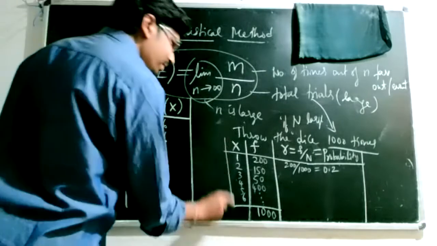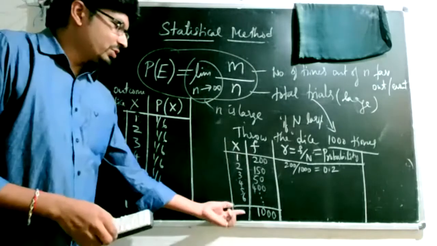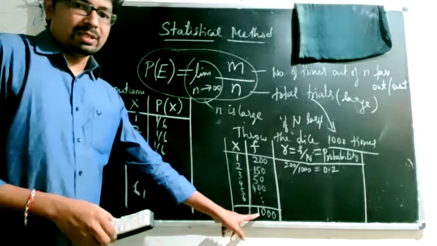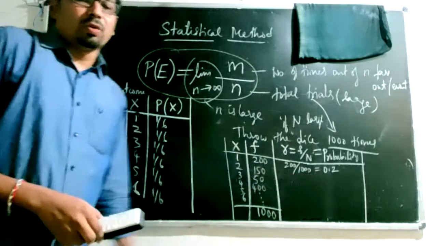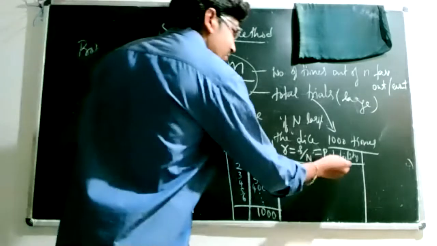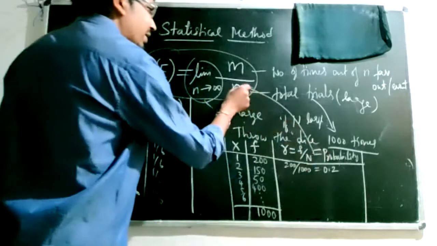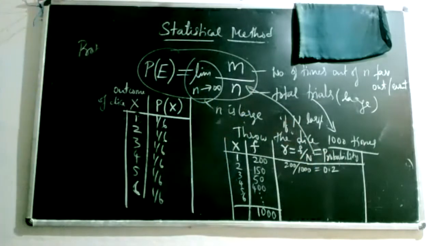So from this example, what we observe is that if you have a frequency distribution and your total frequency is very large, you can obtain the ratio f by n, which we call relative frequency, and it can be taken as probability.